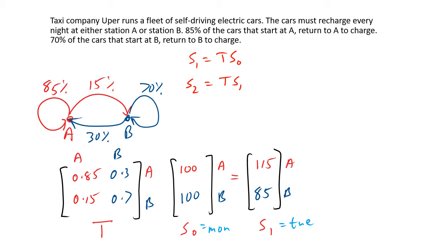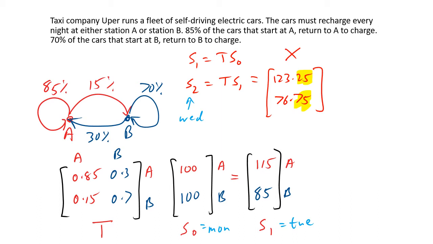So we're saying this is going to represent Wednesday, so Monday to Tuesday to Wednesday. And if you pump these numbers into your calculator, you'll get 123.25 and 76.75. And you would be wrong. Why? Well, the problem is you can't have part of a car.